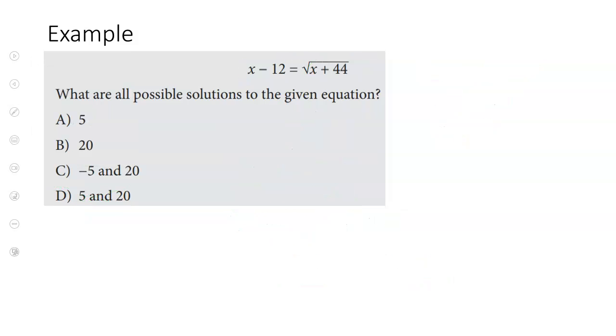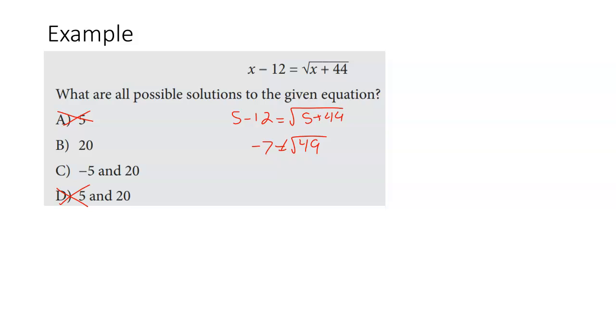So I'll start with my first answer. I plug in 5. And I know that it ends up not working because we literally just worked it out. Negative 7 does not equal the square root of 49. So I know that 5 is out. Which eliminates both of those answer options because they include 5. And 5 is not going to give me a true statement.